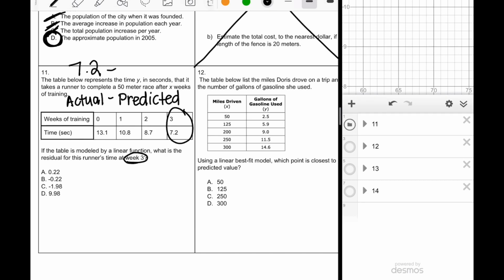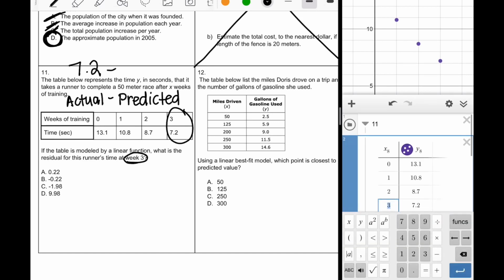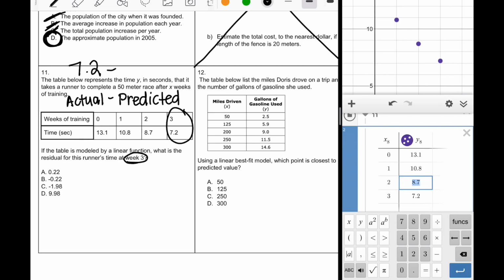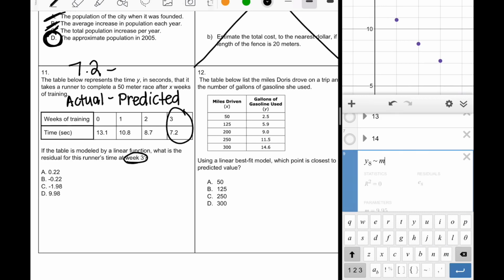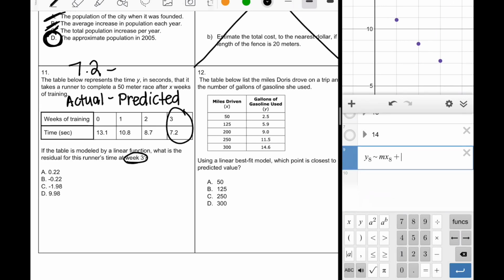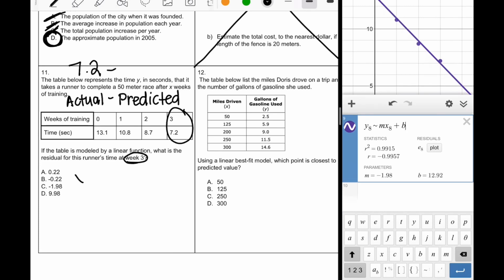Well, in order to find the predicted, we're going to have to actually find our best fit model. So for this particular one, we're going to be doing x8 and y8 because I've already put the table in. So we're going to do y8 squiggle mx8 plus b, and we're going to write our best fit equation.